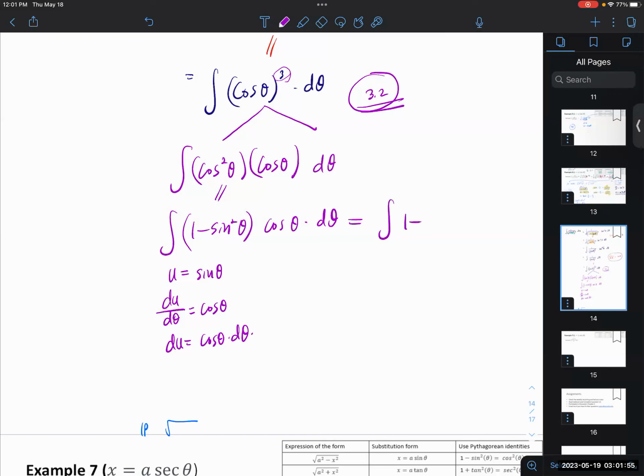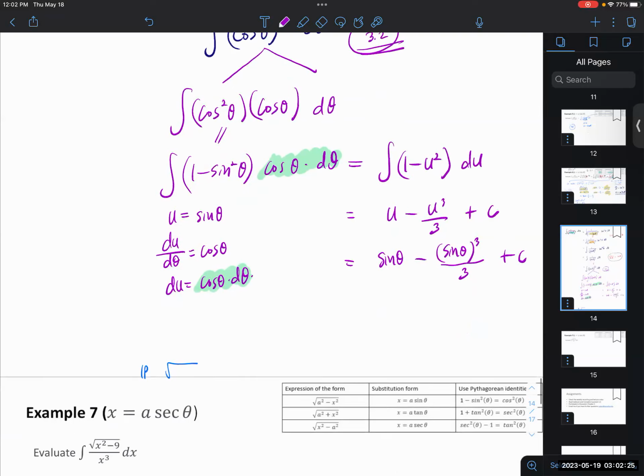This is 1 minus u squared, and then cosine theta d theta is exactly du. So that's it. We have u minus u to the third over 3 plus c. And then u was sine theta, so sine theta minus sine theta to the third over 3.